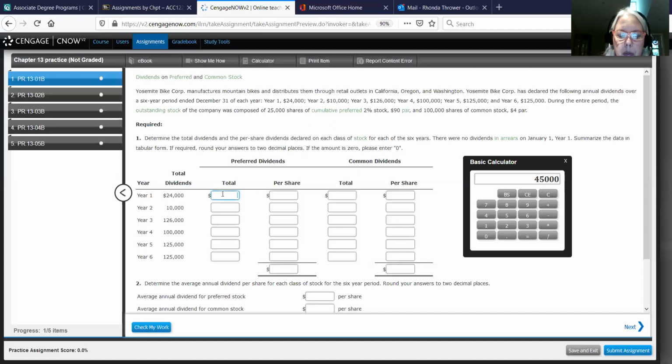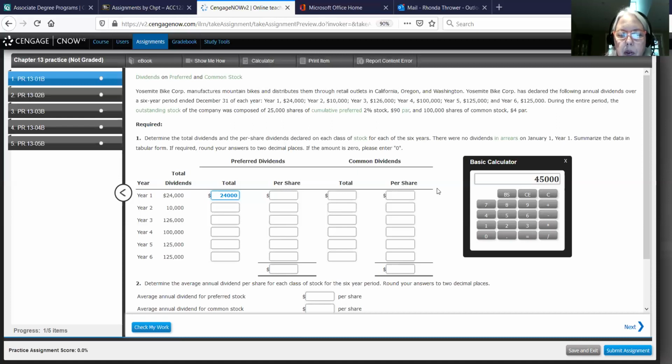So the total amount that we're going to distribute to our preferred stockholders is the entire $24,000 of the dividends that was declared. Now we actually owed them $45,000.